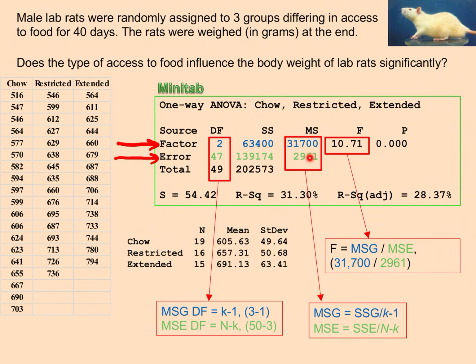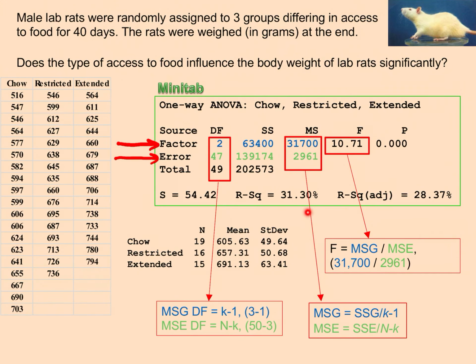That's your numerator in the calculation of F. 2961, that's mean square for error. That's the denominator in the calculation for F. If you divide 31,700 by 2961, you get F, which is 10.71. Look that up on a table with the given numerator and denominator degrees of freedom, and you get a p-value of 0.